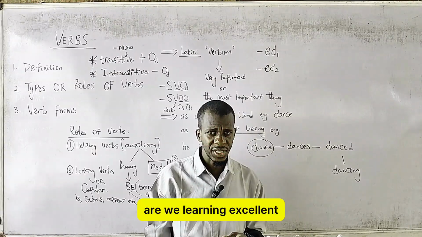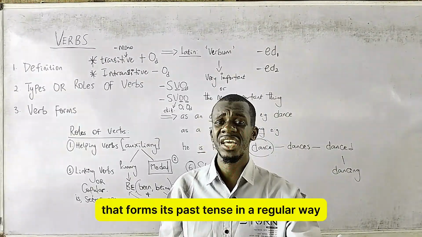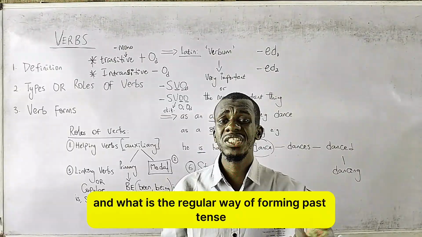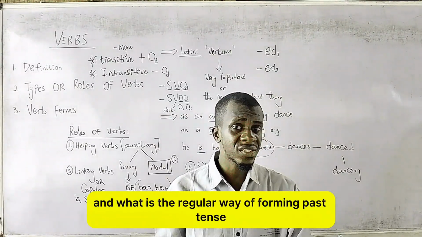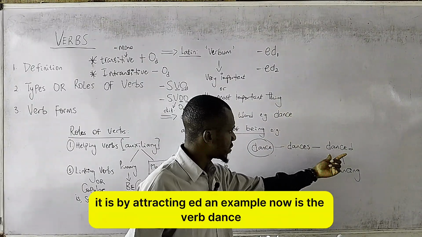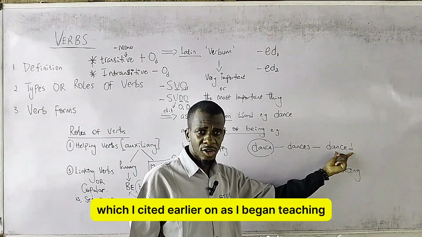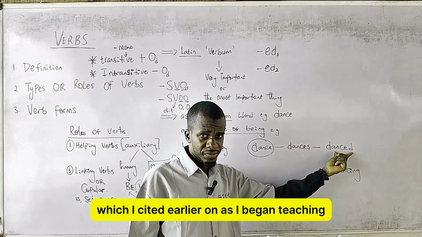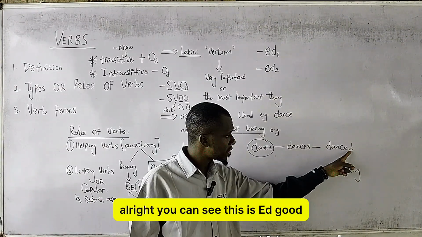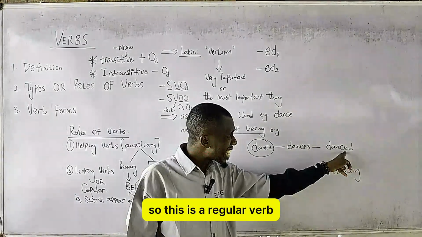Are we learning? Excellent. So a regular verb is just that verb that forms its past tense in a regular way. And what is the regular way of forming past tense? It is by attracting ed. An example now is the verb dance, which I cited earlier on as I began teaching. All right, you can see this is ed. Good. So this is a regular verb.